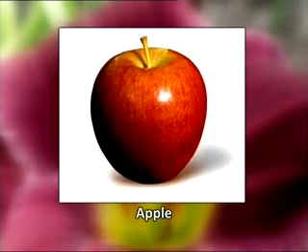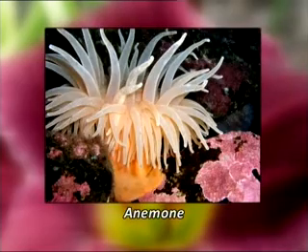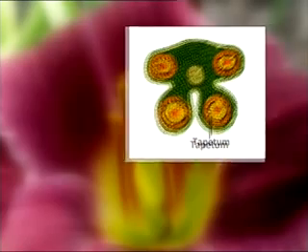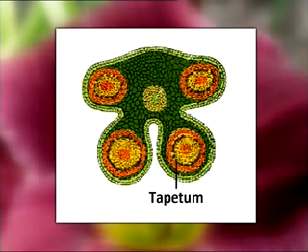For instance, red-brown pigments are present in apple and violet pigments in anemone. The tapetum attains its maximum development at the tetrad stage of microsporogenesis. The tapetum is of considerable physiological importance because all the food material to the sporogenous tissue passes through it.